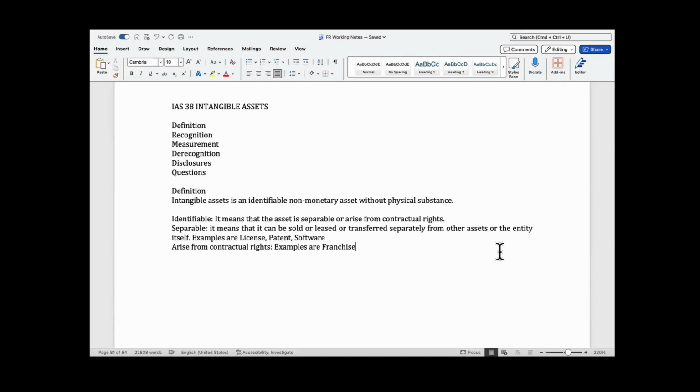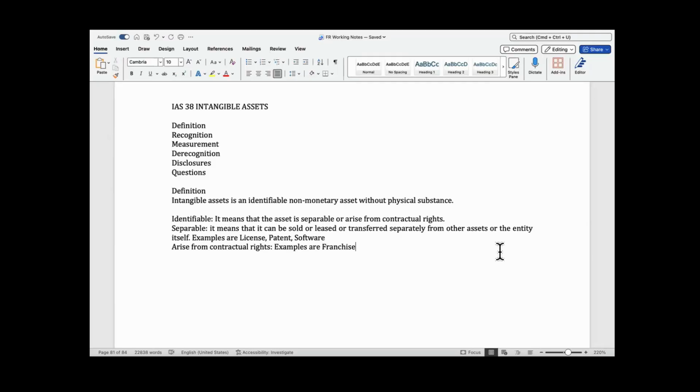When you're an authorized dealer, you buy products from Toyota and you can sell under your own company name. But when it's a franchise, it looks as if it's Toyota that is selling it because you'll be carrying the Toyota name. So it means you have bought that name, Toyota itself.